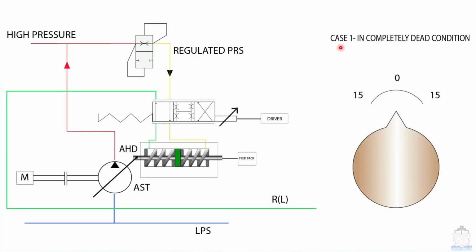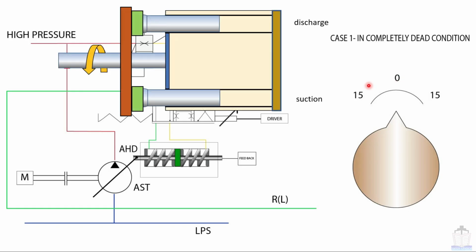So the first case is the completely dead condition. Suppose there is no pressure, the engine is stopped and the electrically driven startup pump is not running. In that condition, what will happen? The pilot proportional valve will be positioned in such a way that the piston will be at its middle position, which will bring the cam position to 0 degree angle. So in completely dead condition, the cam position will be like this.